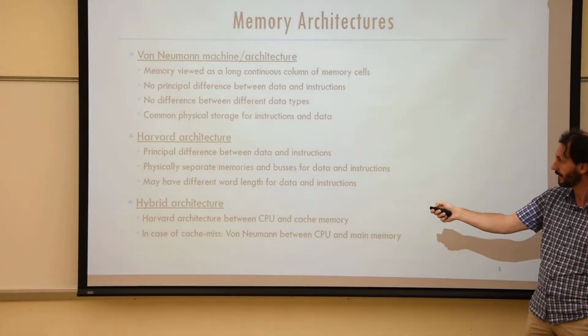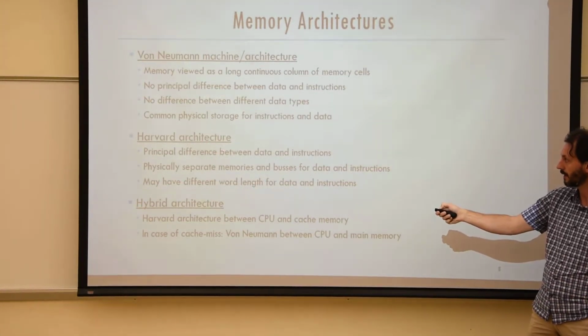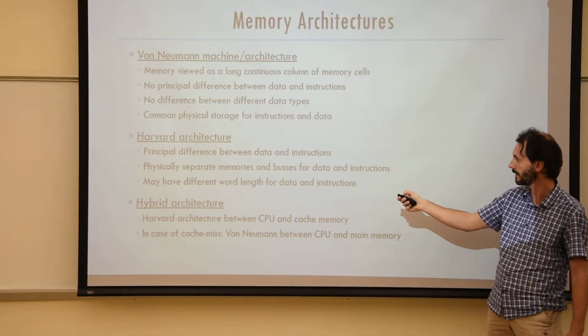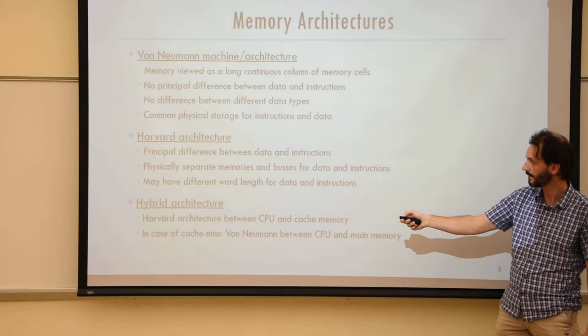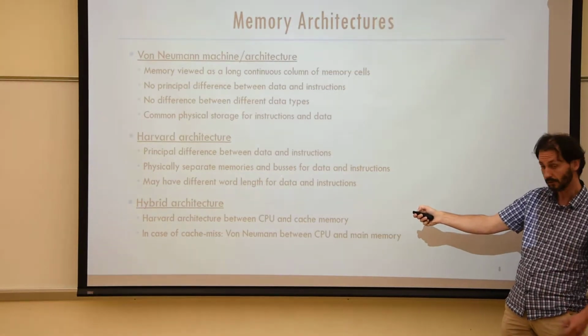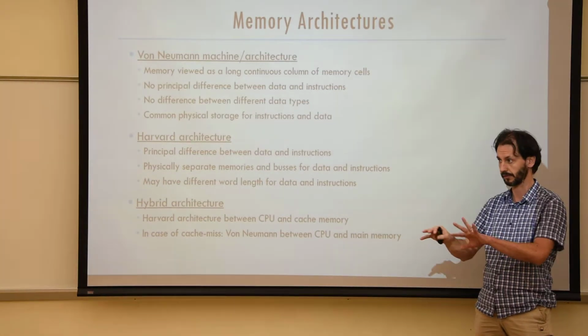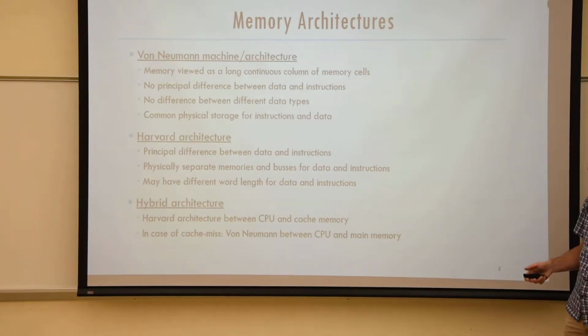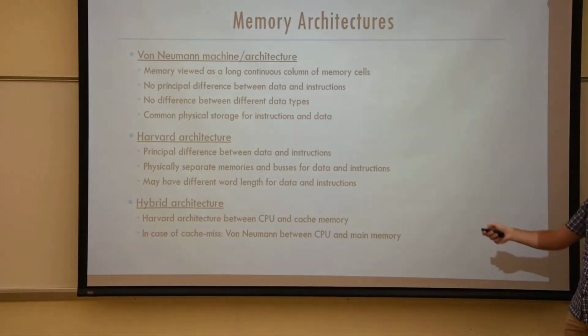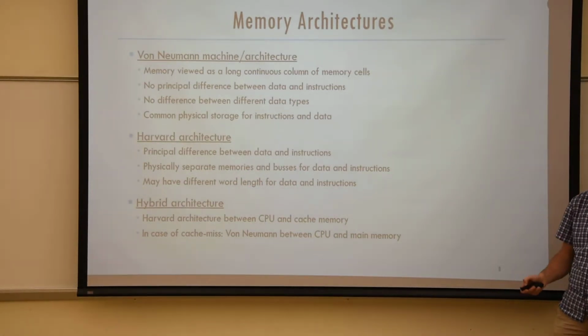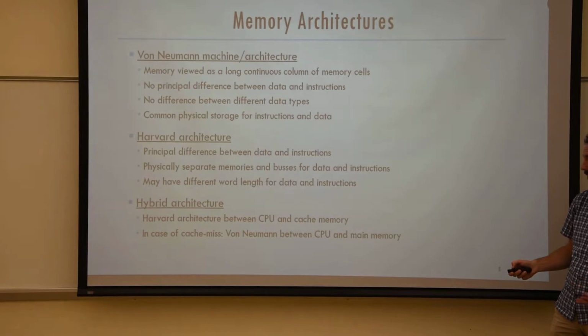The Harvard architecture is really recognizing a difference between the data and the instructions, and it physically separates the memories and also the buses for data, respectively instructions. So you have 2 separate components. And that may be useful. You may have different word lengths for data compared to that of instructions.